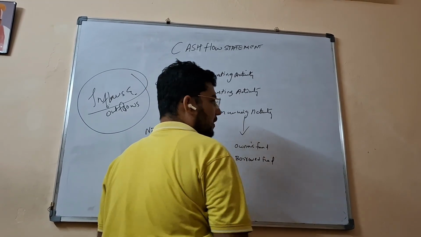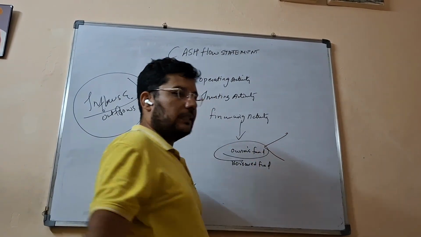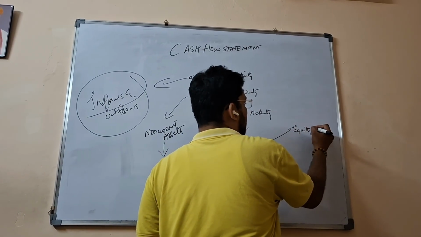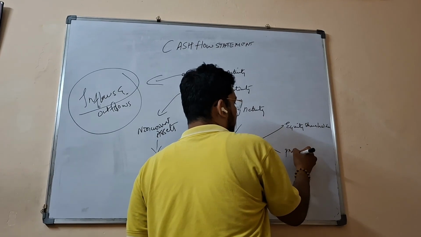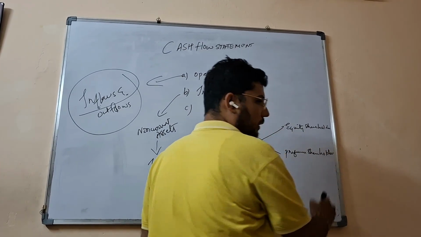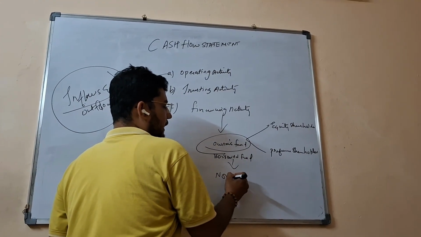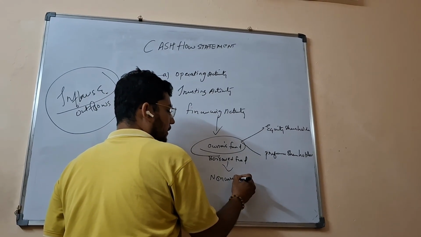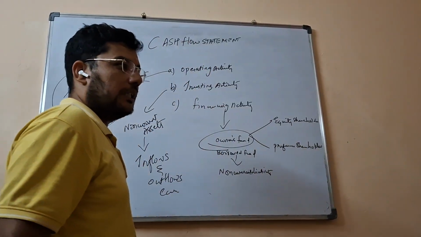When I talk about owner's fund, in the case of companies, the owners are my equity shareholders and preference shareholders. And when I talk about borrowed fund, I am talking about non-current liabilities.